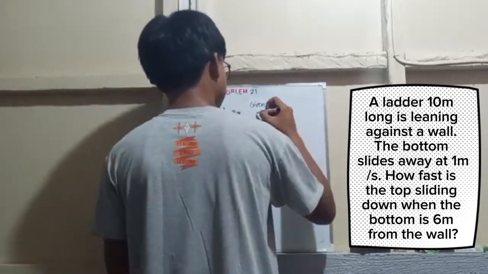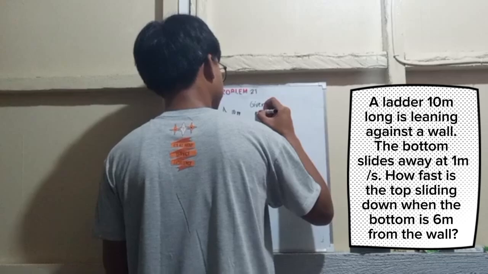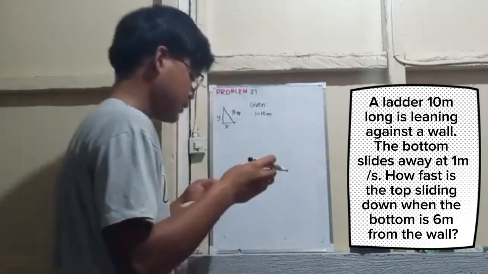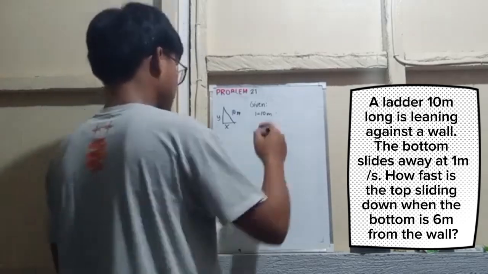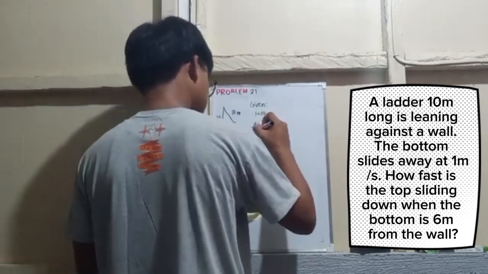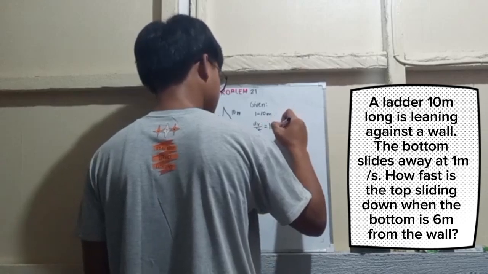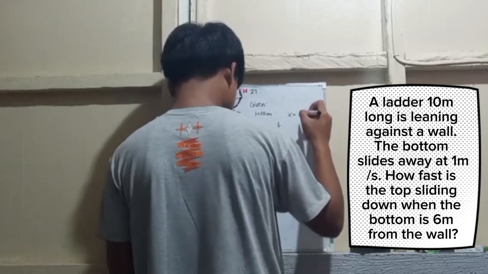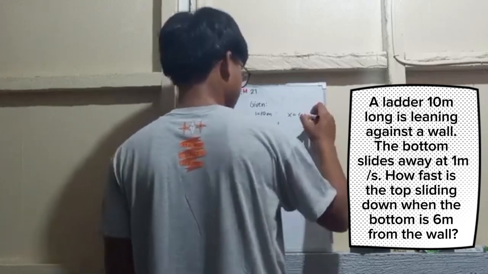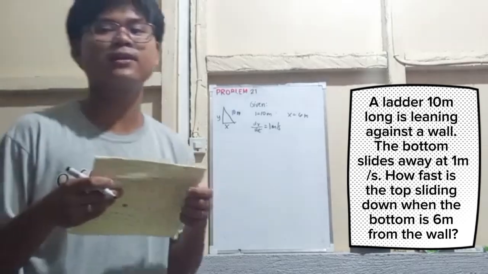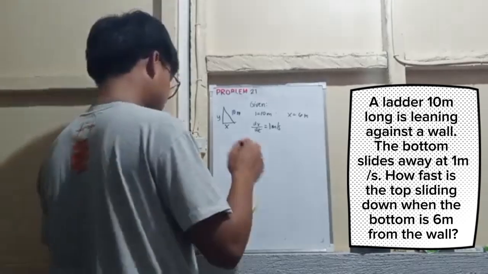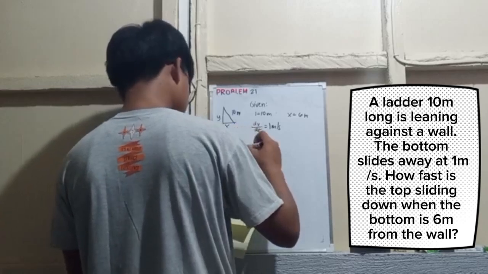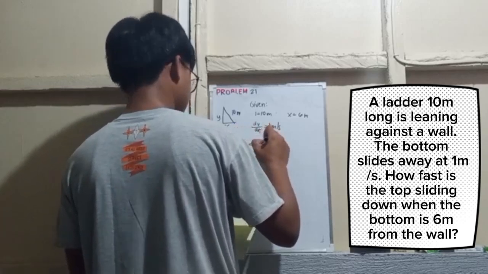It is said that the ladder or our hypotenuse is equal to 10 meters and the rate dx/dt is equal to 1 meter per second and our x or ground is 6 meters. Then since it's a right triangle, we'll use the Pythagorean theorem. So x² + y² = 10².